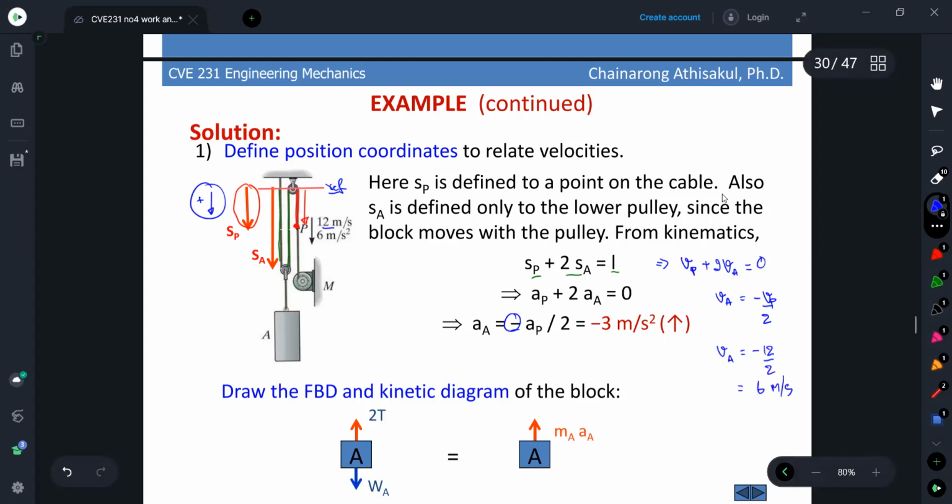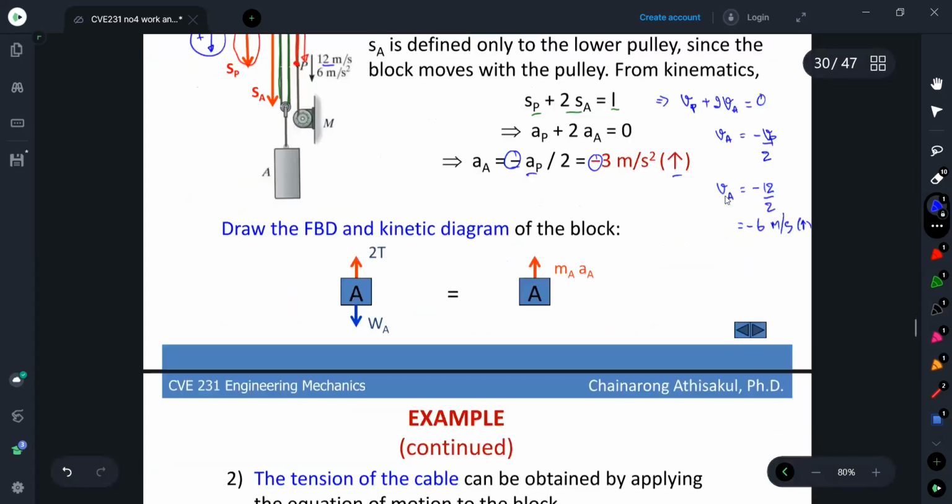For the acceleration, it is the same: the acceleration of point A equals minus AP divided by 2. But AP equals 6 meters per second squared, so the acceleration of point A is equal to negative 3 meters per second squared. The negative sign means that it is moving up.